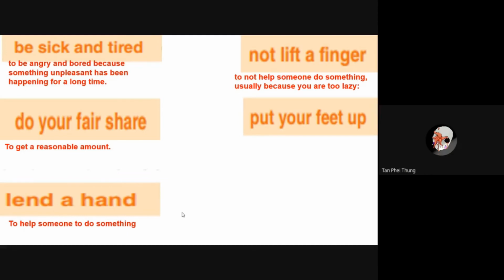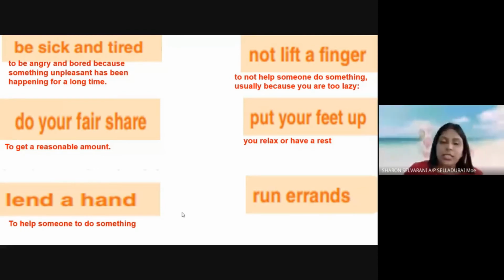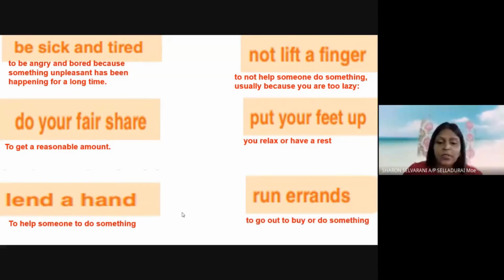To rest. Okay, you relax or have a rest. Last one. Run errands. What does it mean to run errands? To do chores. Okay, to go out to buy or do something.